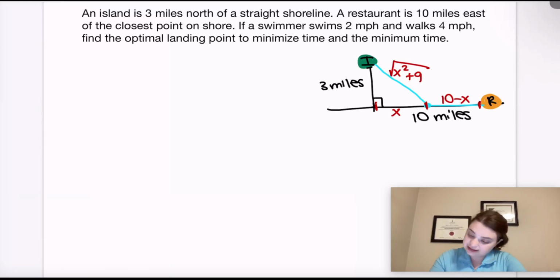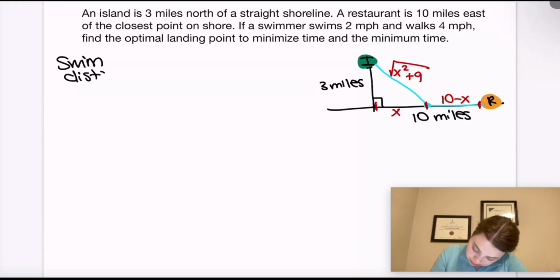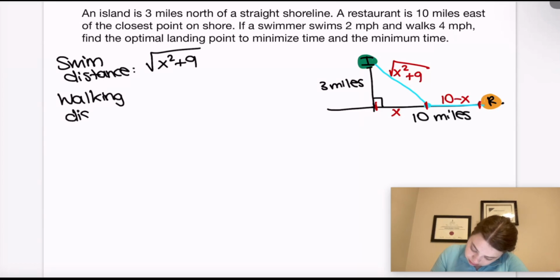So I'm actually going to write that down, that our swimming distance is the square root of x squared plus 9, and then our walking distance would be 10 minus x, like that.